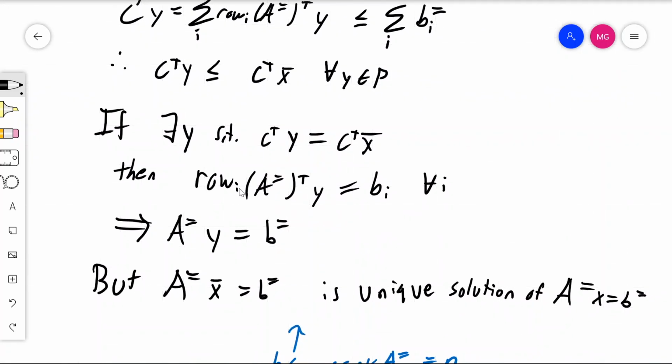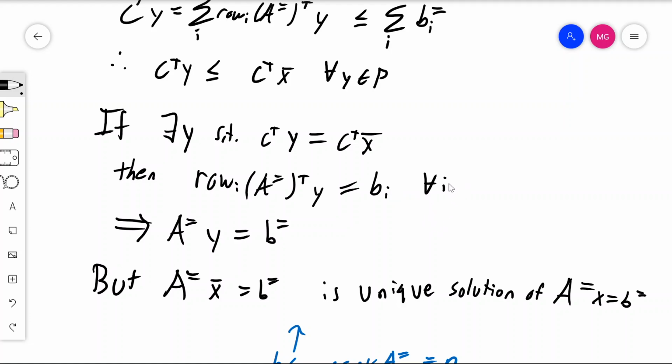So we've attained this upper bound of bi for each of the individual components for the rows corresponding to the matrix equality constraints for x bar. And so in other words, when you take the overall matrix A equality times y, that is equal to the vector B equality, because it's equal here at the level of each individual component.